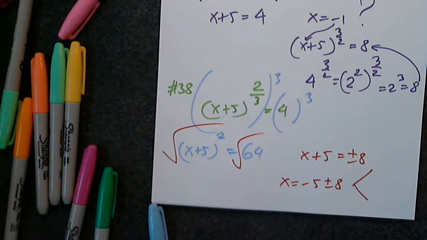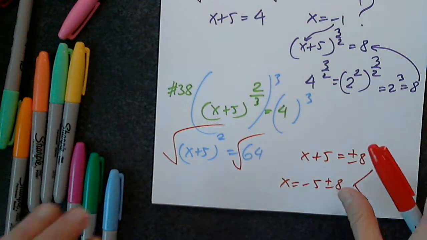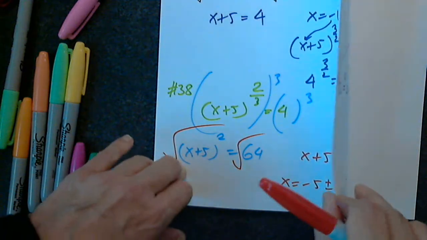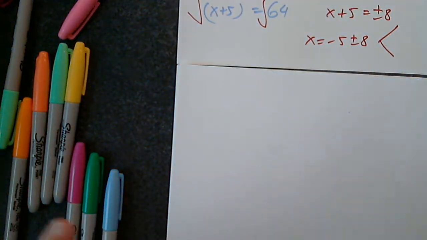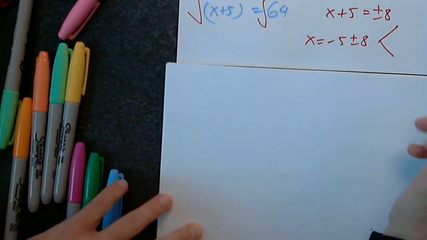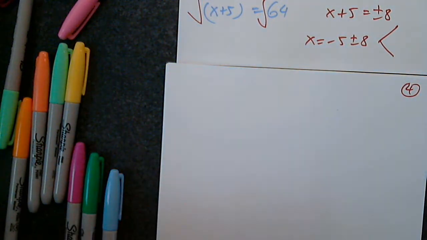Our next type of equation is equations quadratic in form. What is that? Well, I'm just saying the core is quadratic, but the equation is not quadratic.